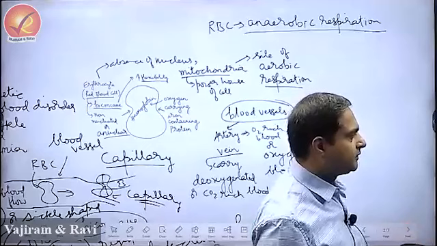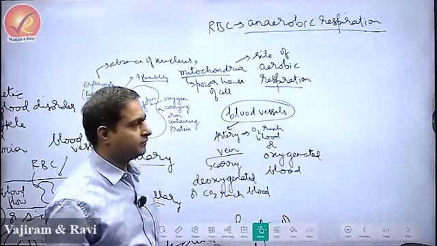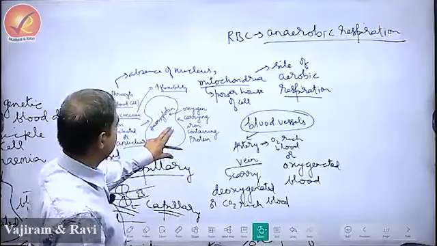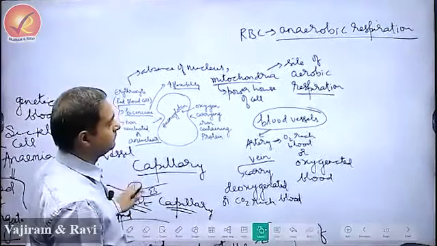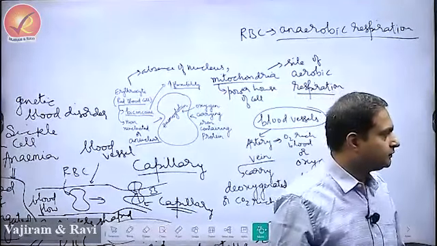In the cytoplasm of the cell, through glycolysis, they are going to produce energy, anaerobic respiration. That electron transport chain will not be needed by the RBC.